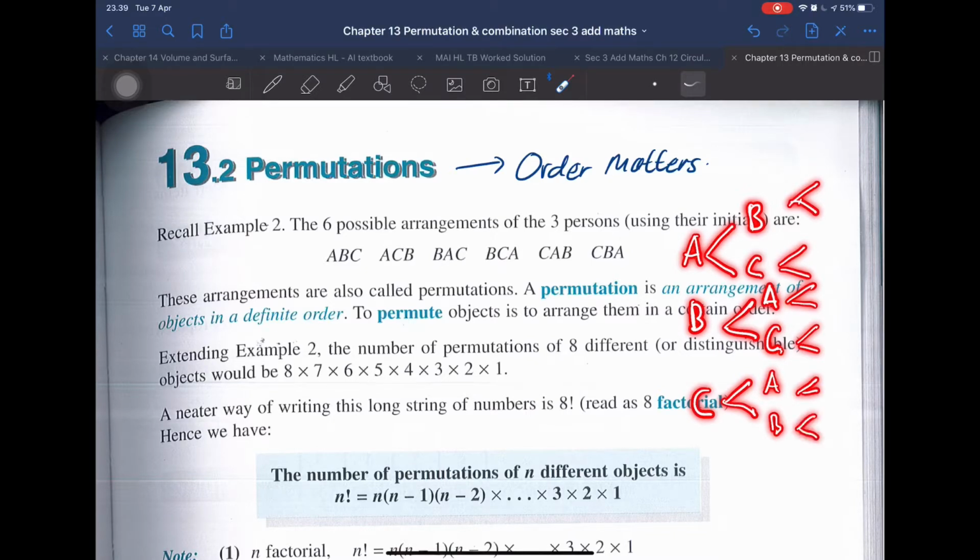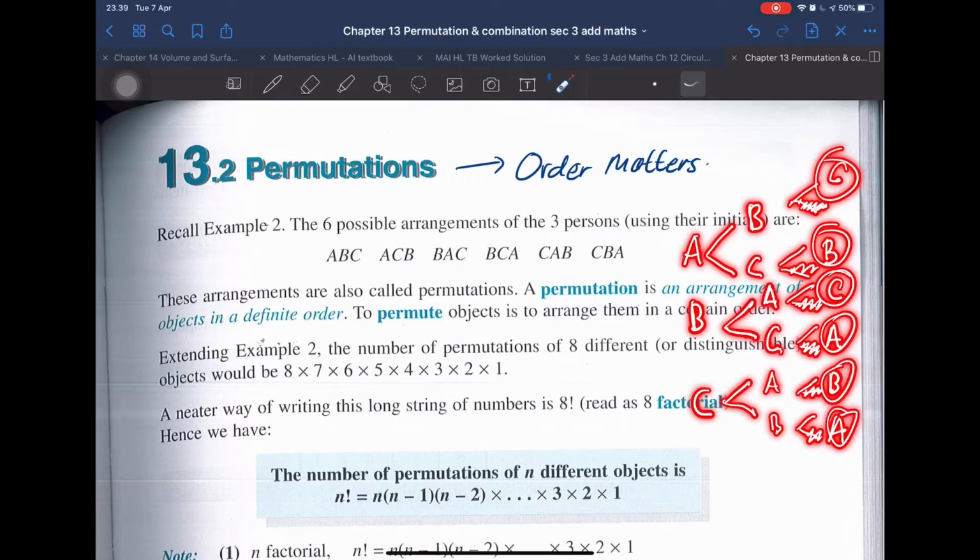So ABC. There's no other possibility. ACB, BAC, BCA, CAB, or CBA. 1, 2, 3, 4, 5, 6.